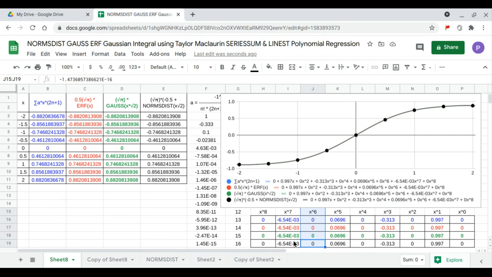And x to the 7th negative 6.54 times 10 to the minus 3. They're all the same. X to the 8th, they're all 0. This completes the use of NORMSDIST, GAUSS, and error functions to calculate the Gaussian integral and using LINEST polynomial regression.